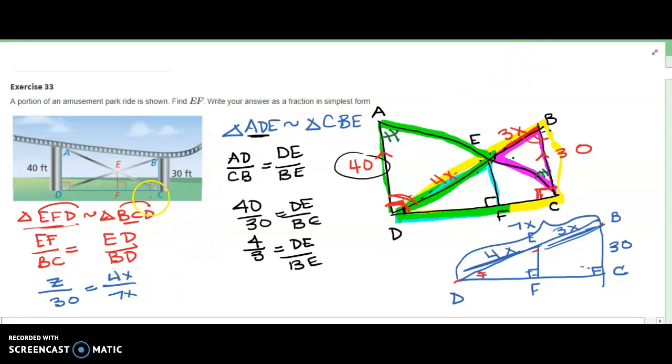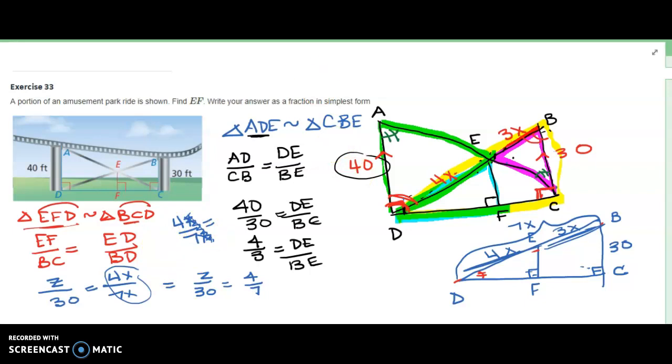All right. And if I look right here at 4x over 7x, doesn't that just reduce to 4 over 7? Okay, so I'm going to rewrite this and say z over 30 equals 4 over 7. x over x is 1, so you can just cancel those out.